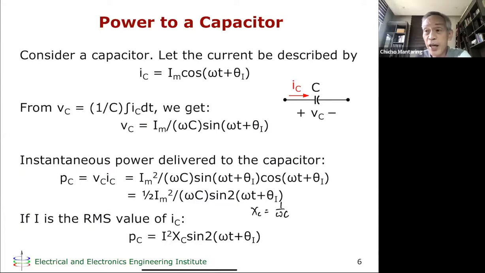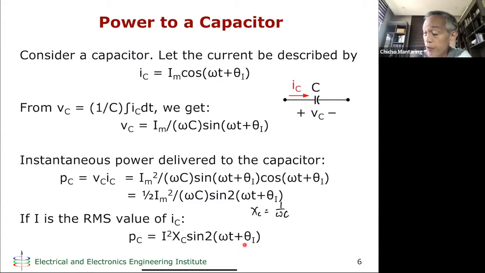In general, your reactance is the magnitude of the complex component of your impedance. But the capacitor is purely complex, so it's the magnitude of the impedance of your capacitor.